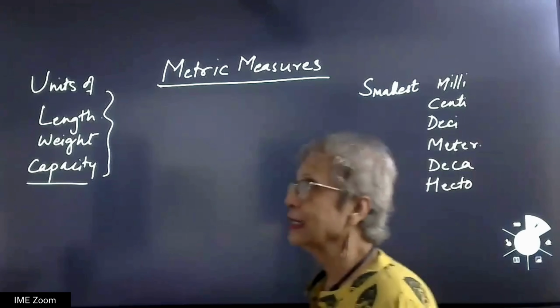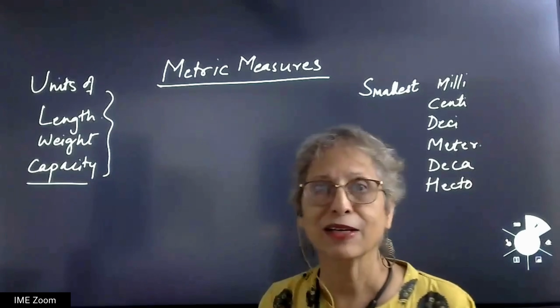This hectometer is used in measuring the length of a plot required for gardening or for farming. There the plot is measured in hectares. You must have heard the word hectare. So hectare comes from hectometer. And last is kilometer.